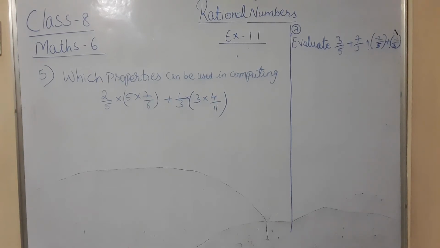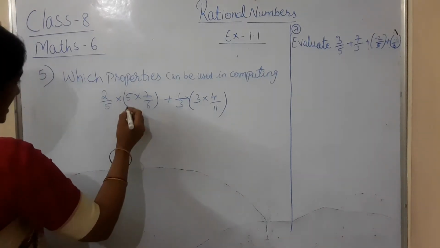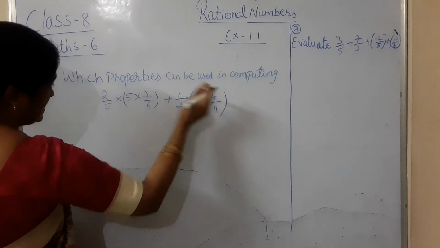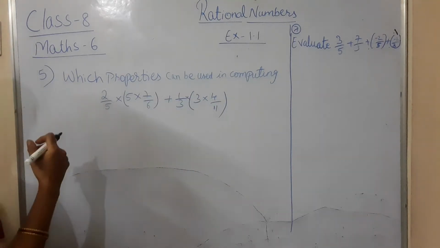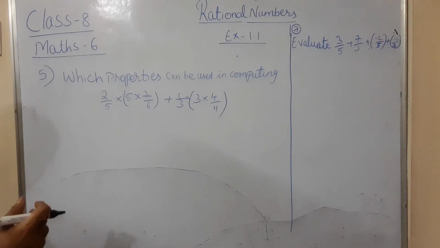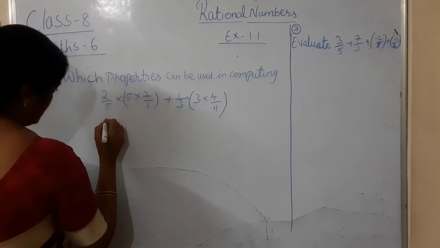Now let's solve this fifth one, children, as this is being missed. Which property can be used in computing 2 by 5 into 5 plus of 7 by 6 plus 1 by 3 into 3? So now let's see what is the property that can be used. Yeah, associative property under multiplication can be used.